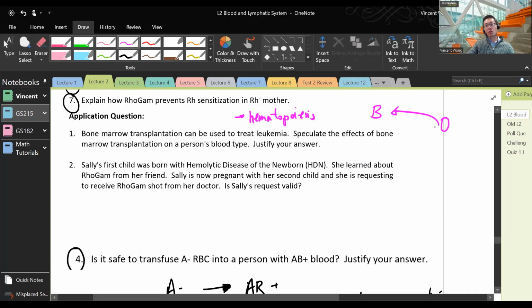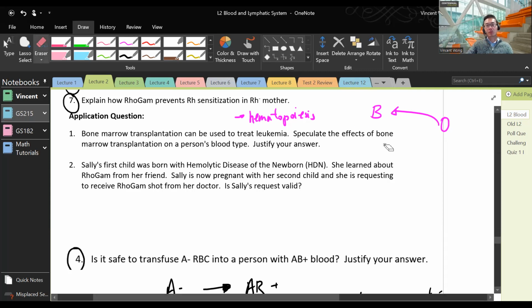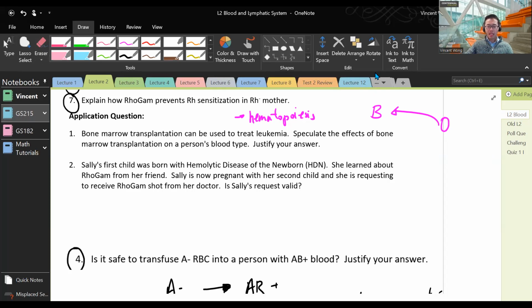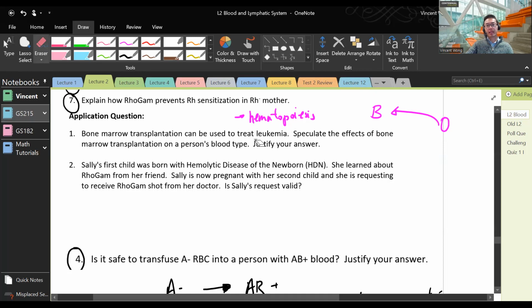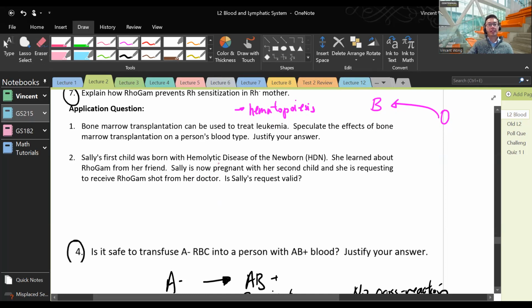So all the new red cells that you make after receiving the transplant could become type O, just because all the stem cells will be different now, right? That actually happened to one of my students. She told me how she had a bone marrow transplant because of leukemia at a young age, and afterwards her blood type changed. So that's something that actually does happen.